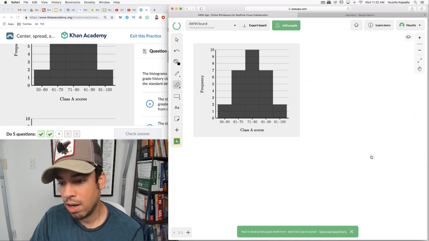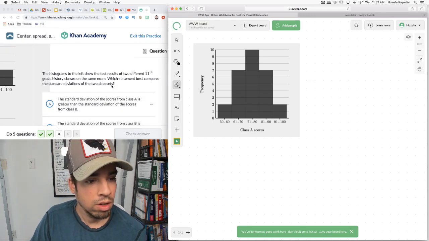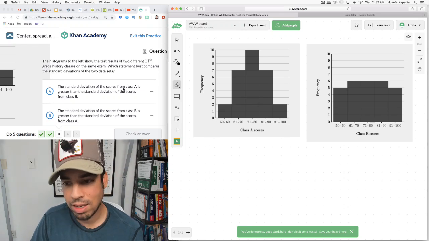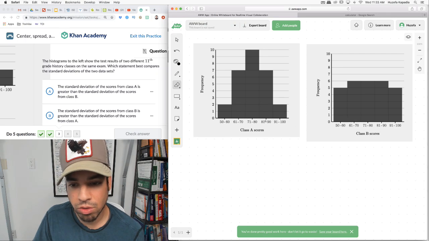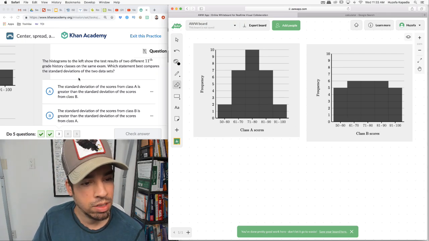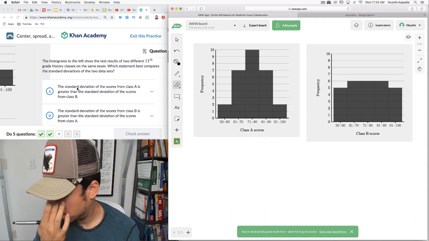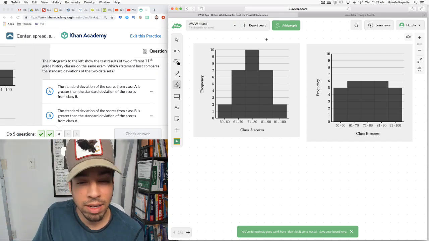All right. Now, the histograms to the left show the test results of 2 different 11th grade history classes on the same exam, okay? These are the ranges of the scores. Which statement best compares the standard deviations of the 2 sets? All right. So again, this is the spread of the data.